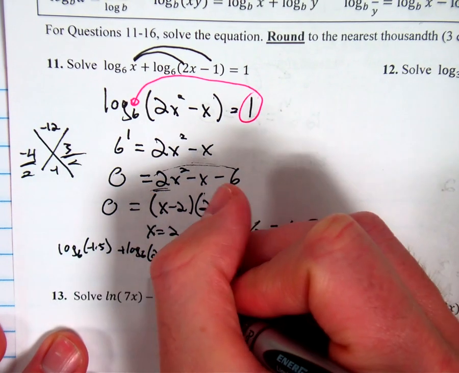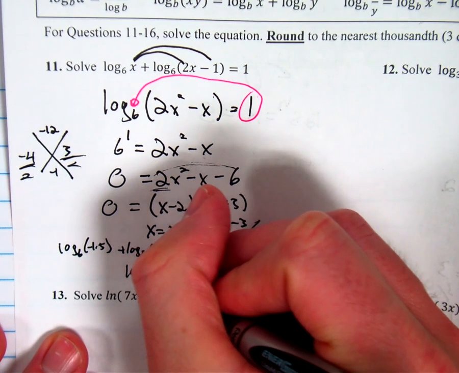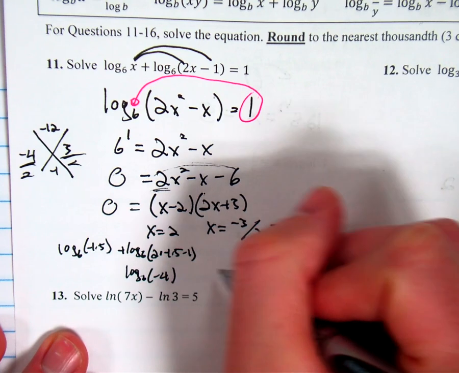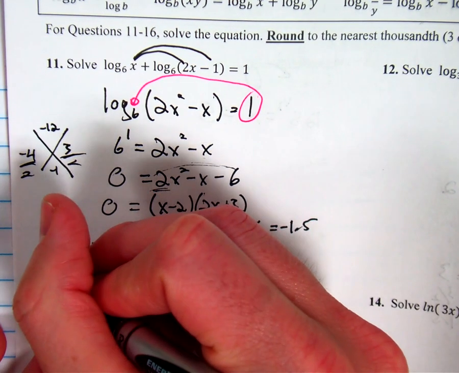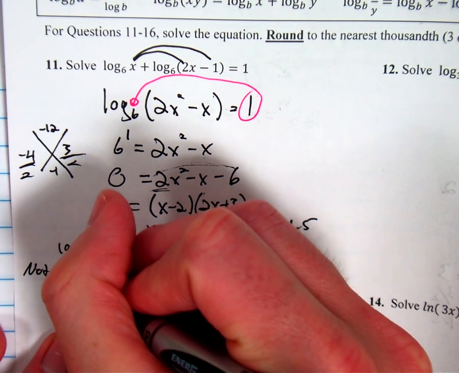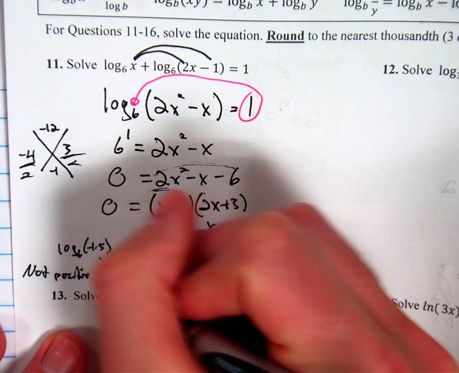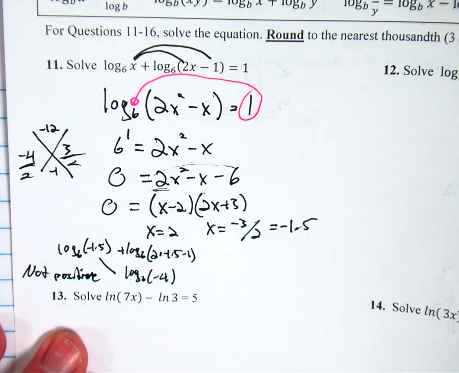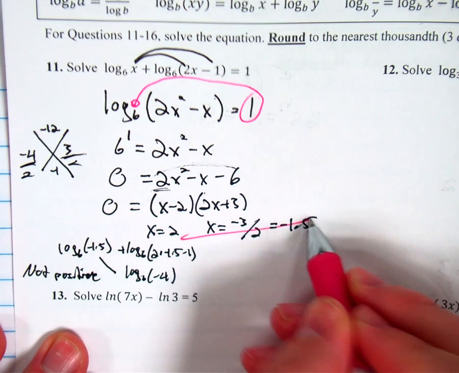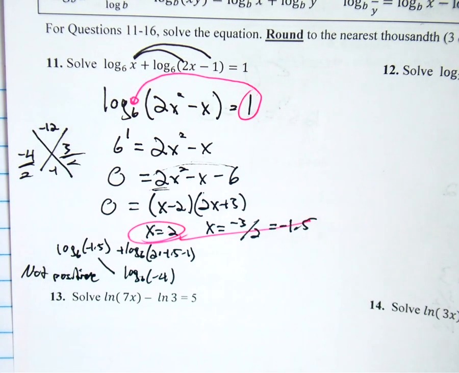That'd be log base 6 of negative 4. Those are both negative, not positive. So we're going to say no to that one, yes to that one.